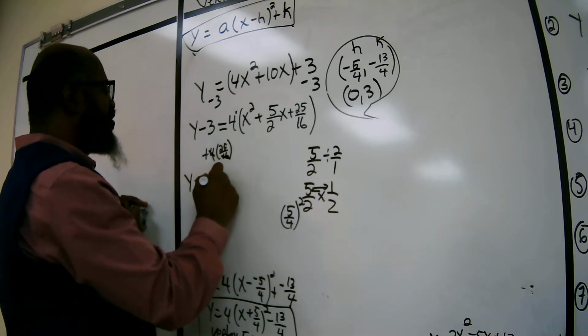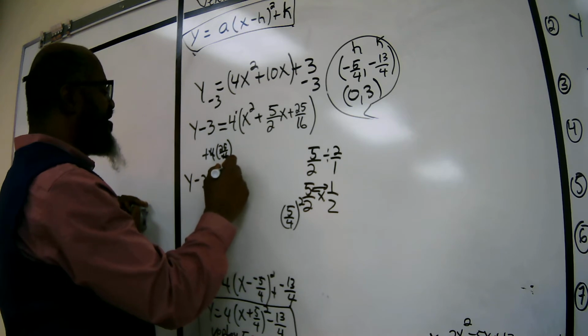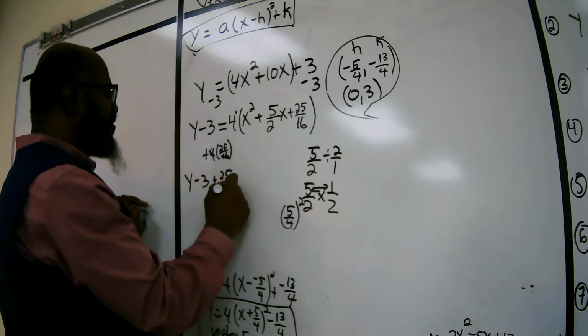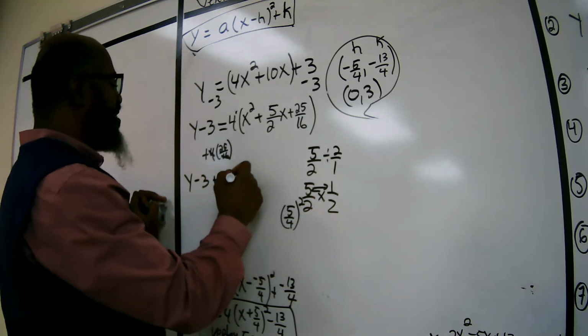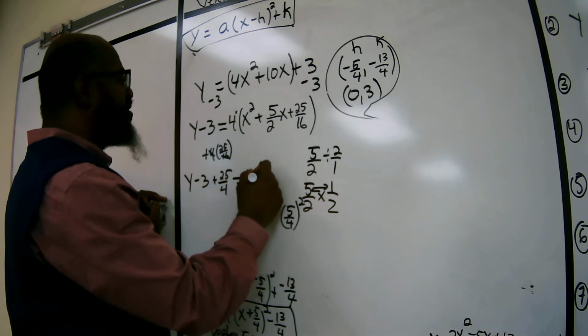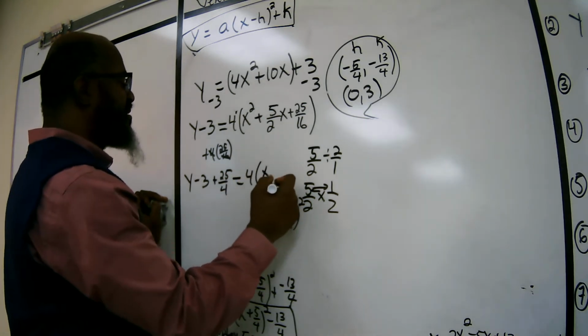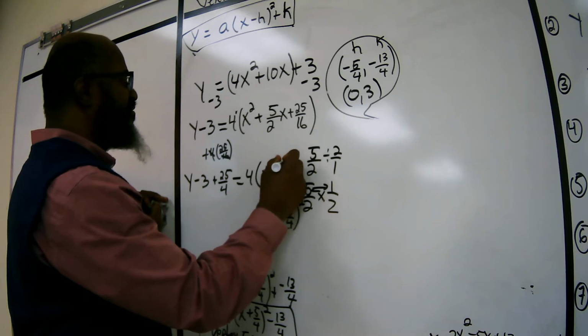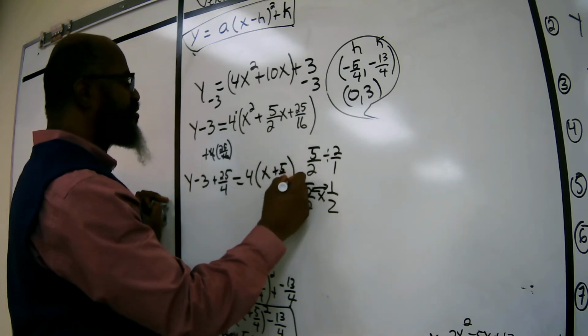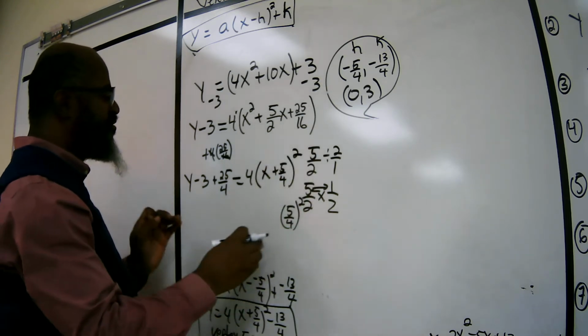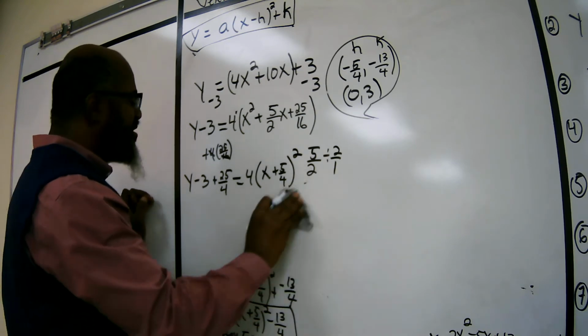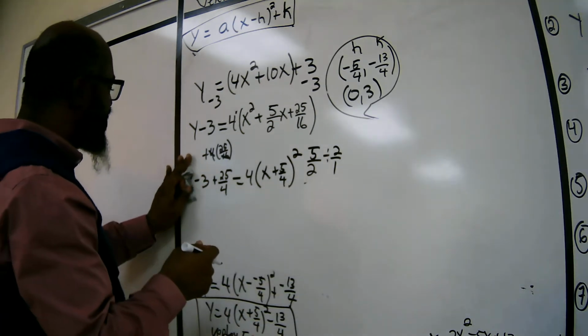This will give you plus 25 over 4, then is equal to 4 times x plus 5 over 4 squared. Let's clean some of our mess. Then on this, just remember this means nothing, it says 0.